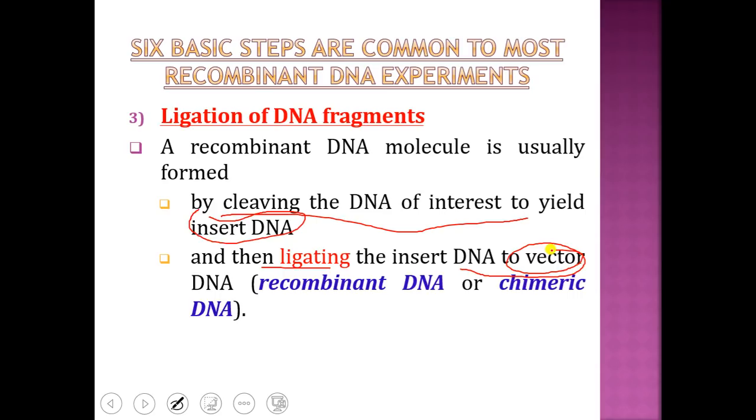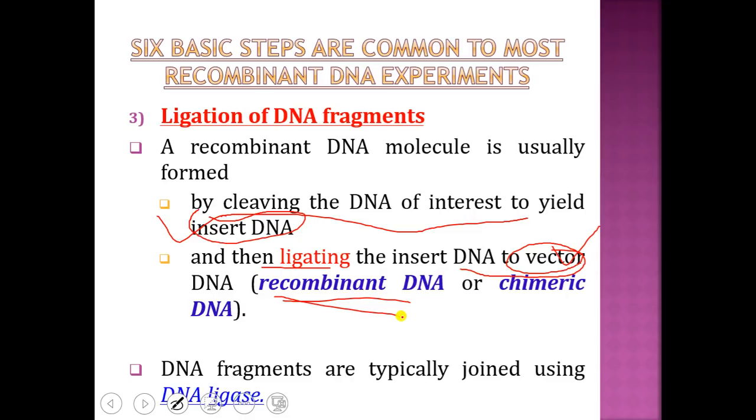So there will be insertion of our target gene into the vector DNA, and what we get is called recombinant DNA, also known as chimeric DNA. The DNA fragments are typically joined using DNA ligase enzyme.